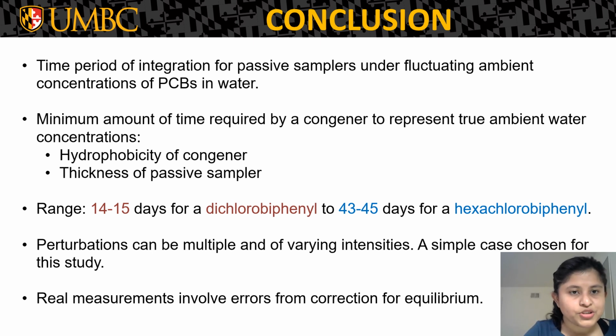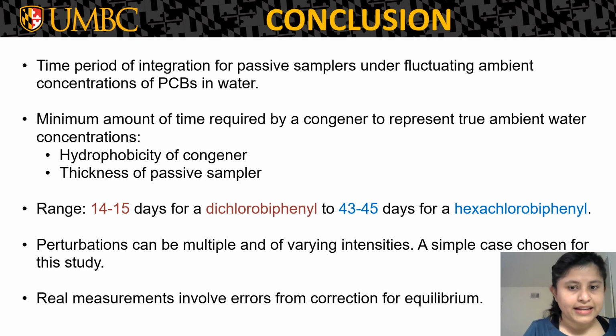We could establish that the minimum amount of time that is required by a congener to represent the true water concentration is dependent on a couple of things: the nature of the perturbation, the hydrophobicity of the congener, and the design of the sampler. So for a 10-day long pulse, the range of time period of integration varied from around 14 to 15 days for a di homologue and about 43 to 45 days for a hexa homologue.